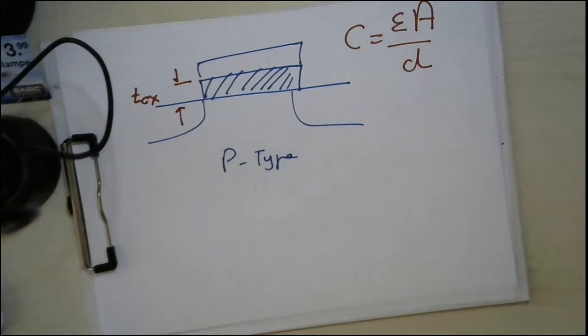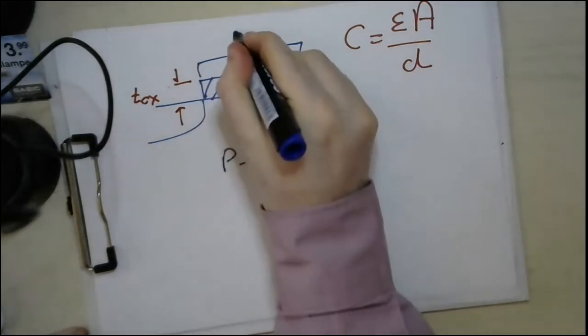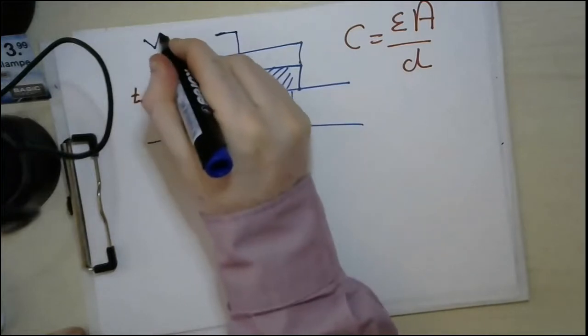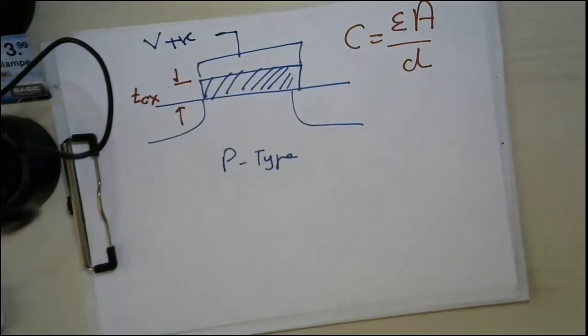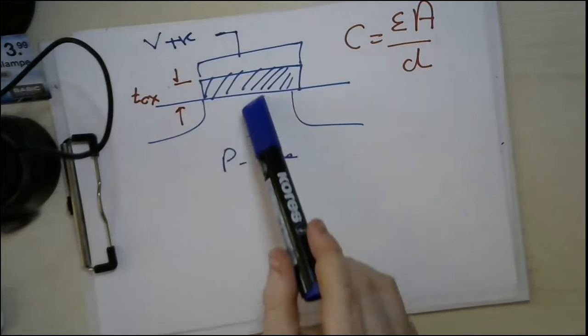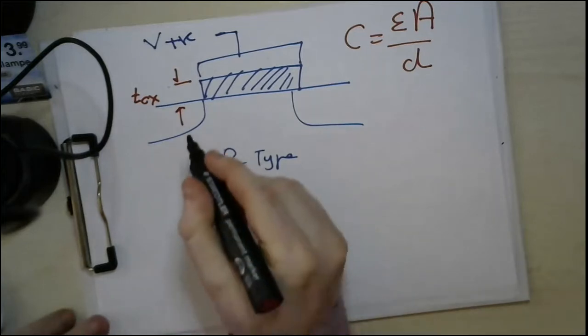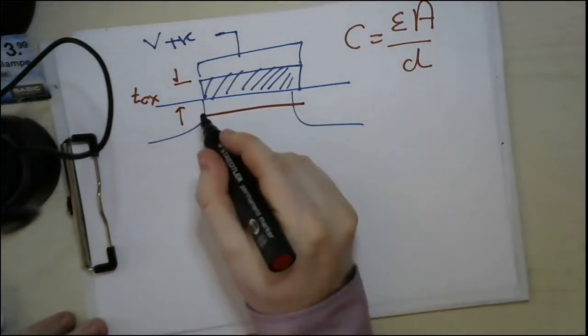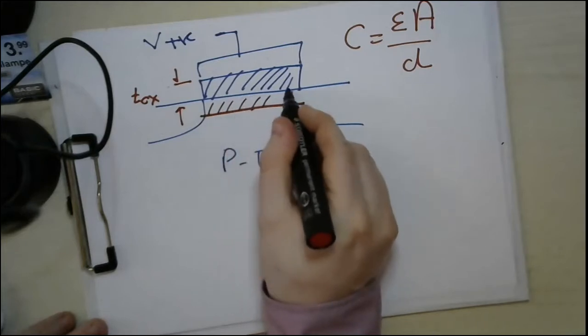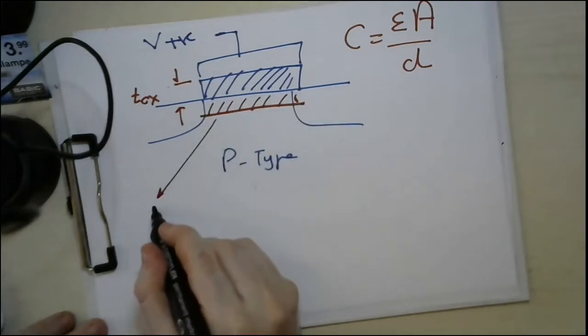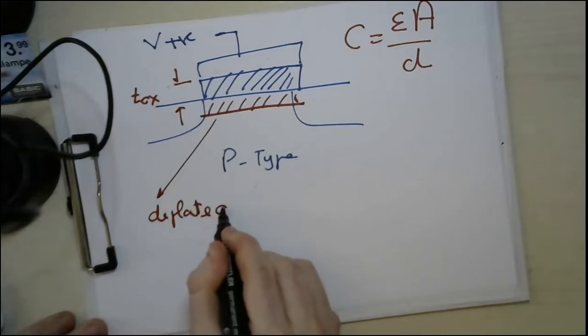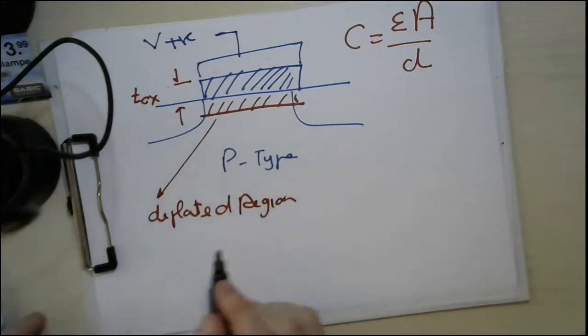Now, what if you put on the gate here some positive voltage? If you remember, the first step is that this positive voltage will repel holes in the p substrate. Then it will turn this region to be a depleted region. Why is it depleted?